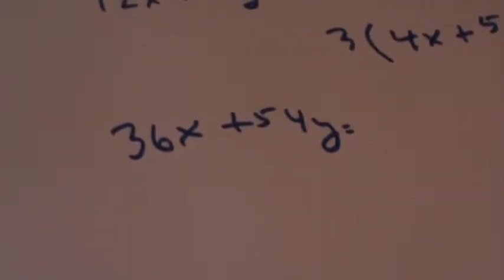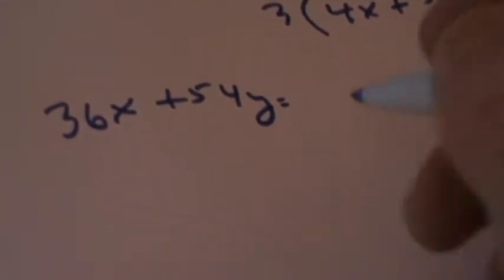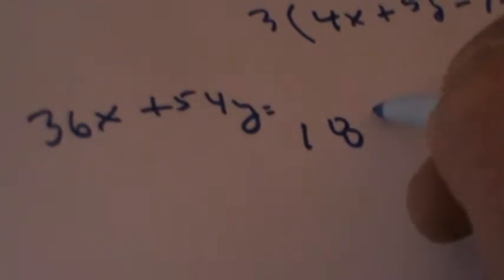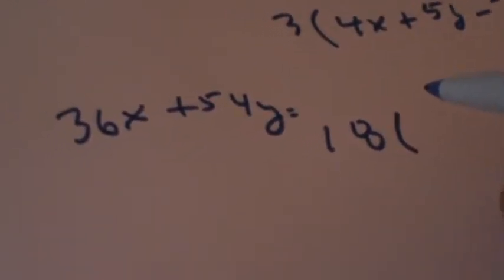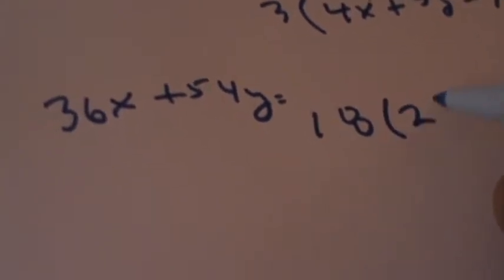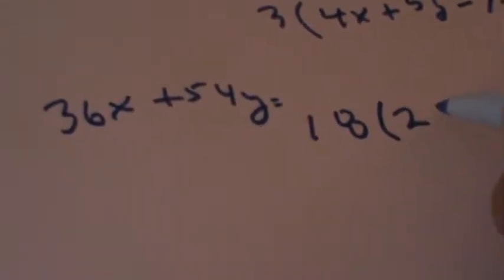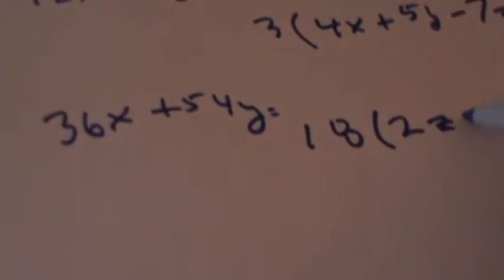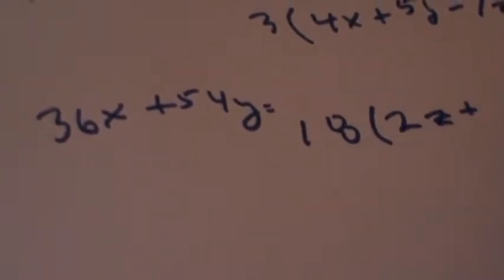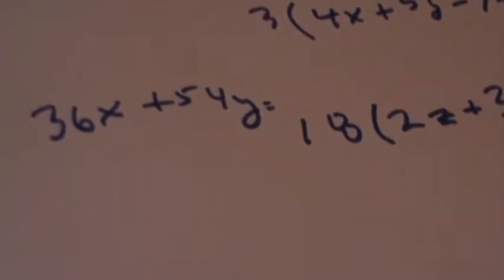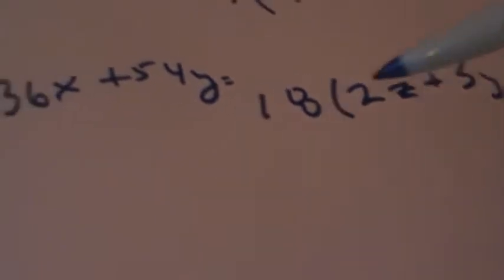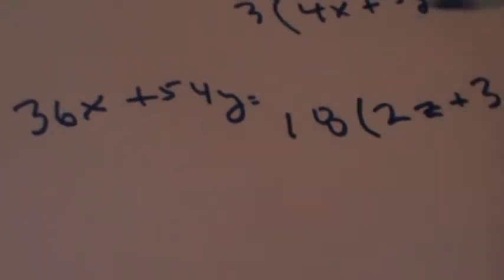The greatest common factor for 36 and 54 turns out to be the number 18. So put the 18 on the outside. 18 times what gives you 36? That'd be 2, because 18 times 2 is 36, and we've got an x over here. Plus 18 times what gives you 54y? That would be 3y. So we've got 18 times 2x plus 3y, because that will give you the resulting answers.